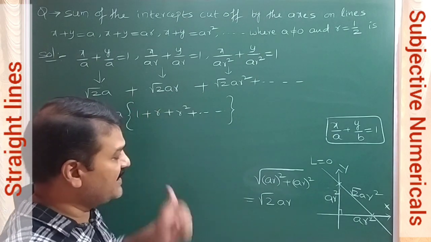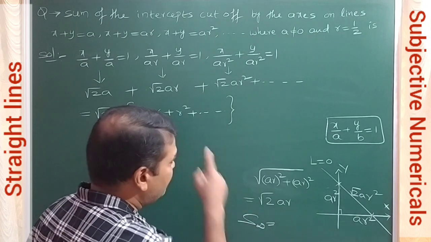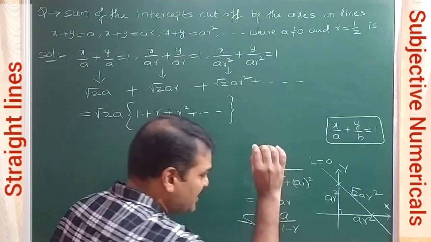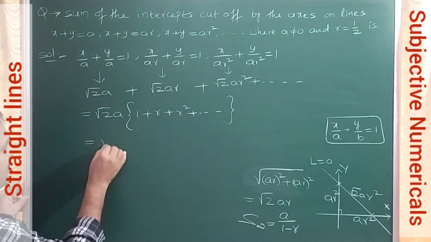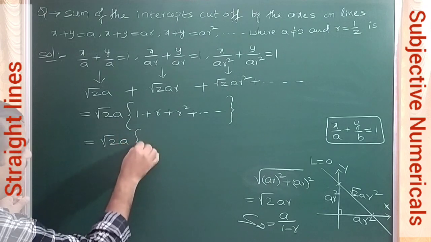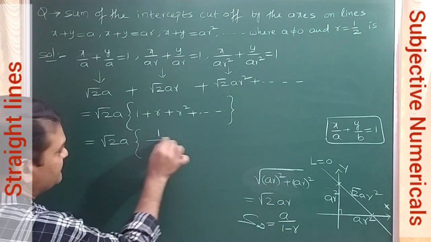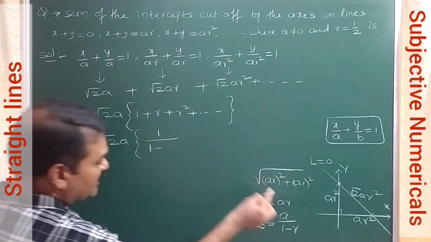For an infinite GP, what is S infinity? For an infinite GP, the sum to infinity is a by 1 minus r. Let us apply that formula here. So root 2a, and the first term of the GP is 1 and the common ratio is nothing but r.